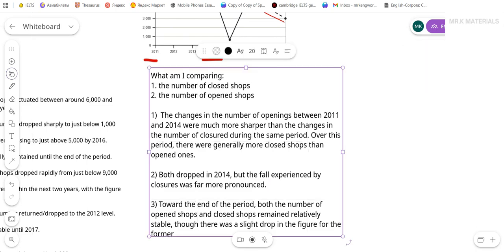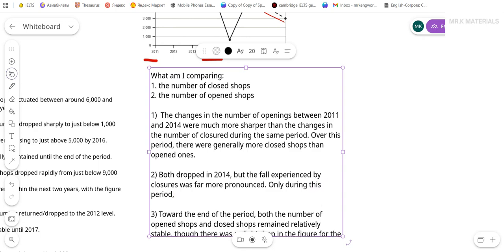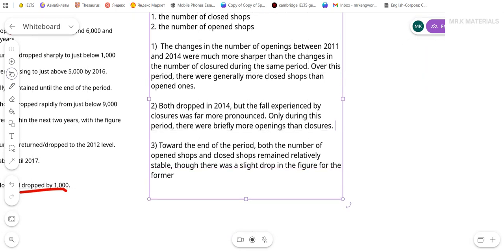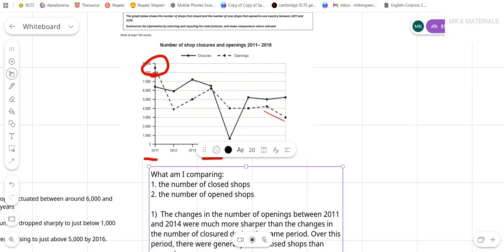Only during this period, there were briefly, when I say briefly, for a short time, there were briefly more openings than closures. And I have my last comparison here. Should I mention that there were more closures? Yes, I should.